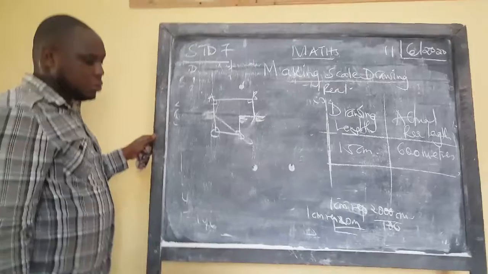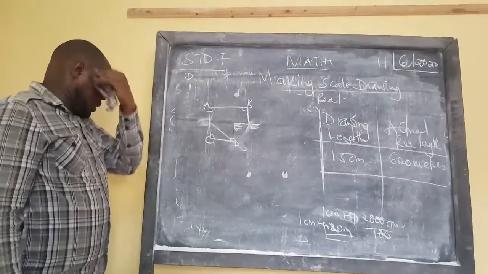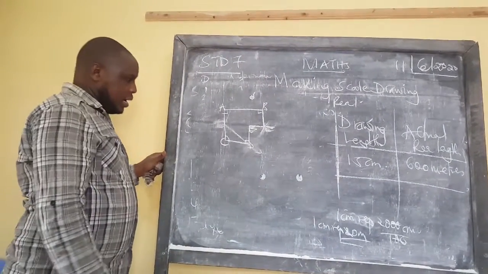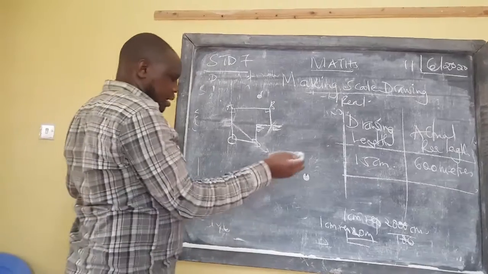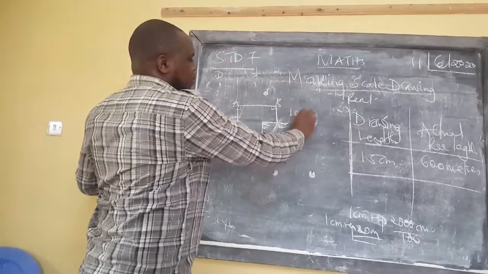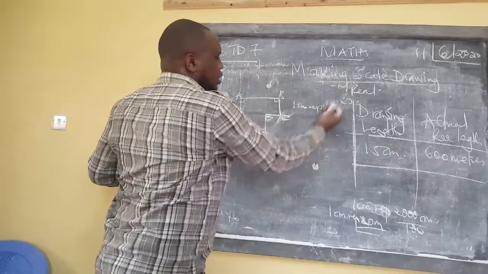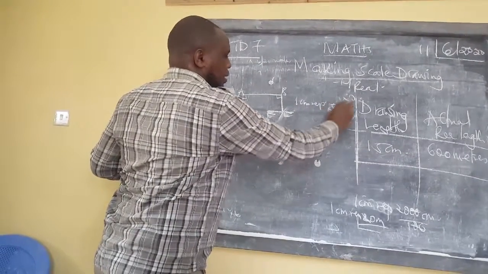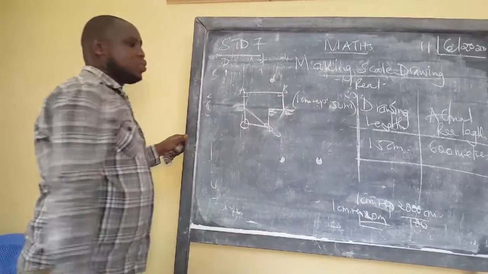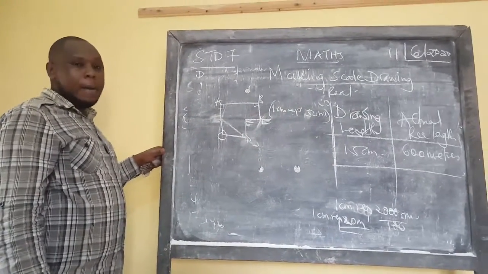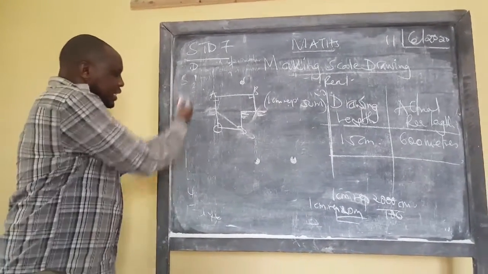They ask you to give the measurements. Now they are telling you, let's use a scale that is 1 centimeter represents maybe 20, or let's say 50 meters. The scale to be used here is 1 centimeter represents 50 meters. Now after getting the scale, it's very easy.